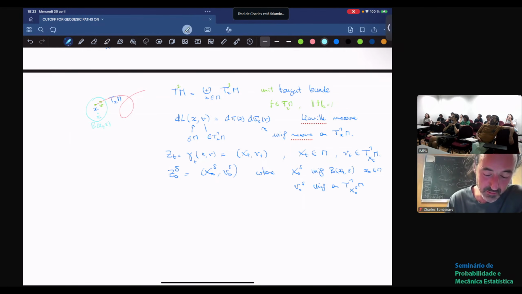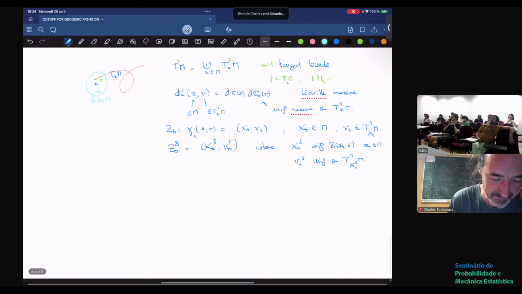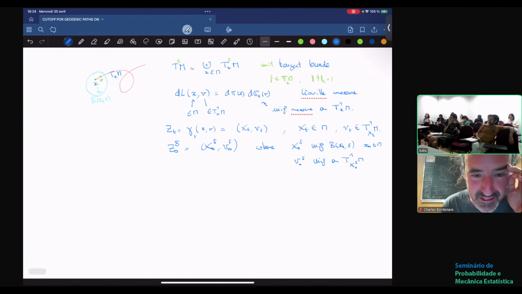But what would be very nice, though our results are not working in this setting, is to take an initial condition localized on the manifold, but also localized in the unit tangent bundle. But our proof doesn't work for that; the result I still have to write. Okay, but it's an excellent question.